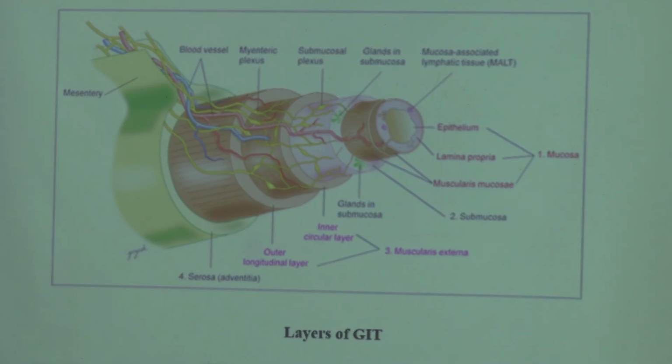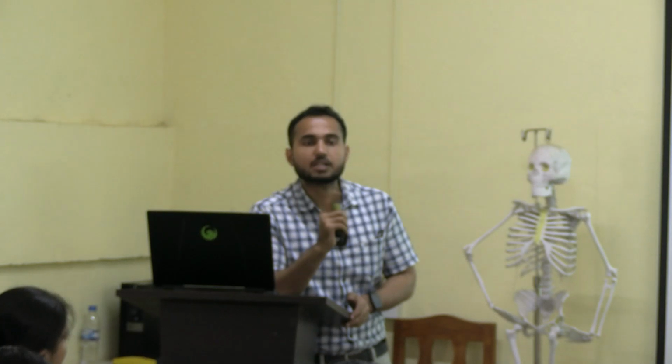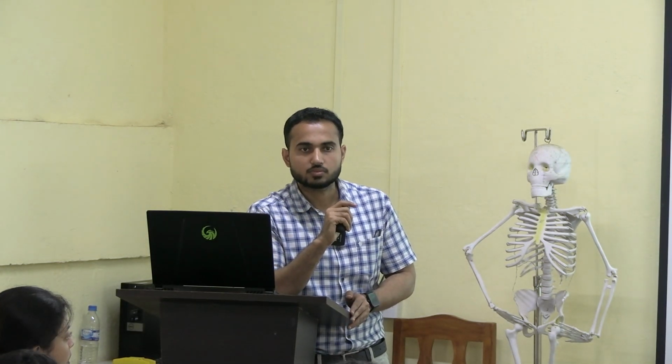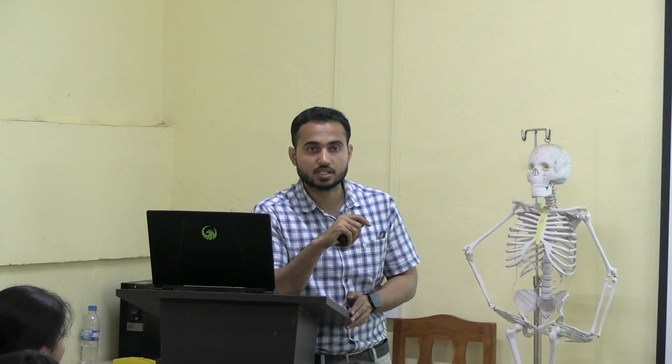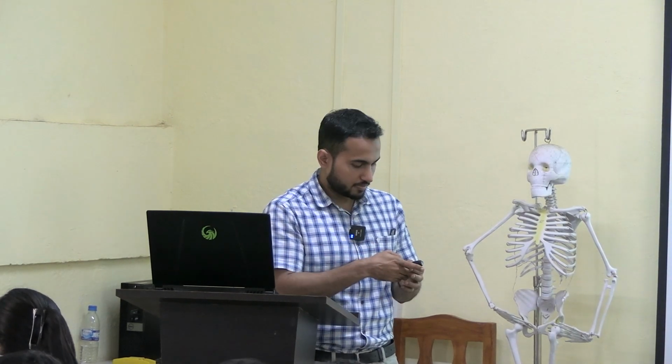It is a smooth muscle layer. Any idea? Contraction, relaxation, but ultimately what will be the result? No, that is done by the muscularis externa. Two layers are there, I hope you have noticed.